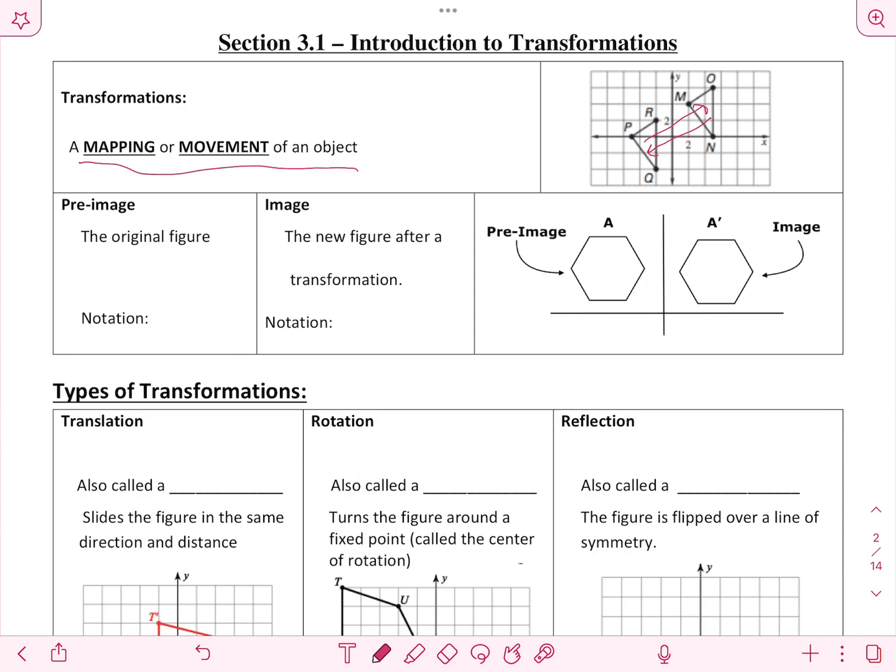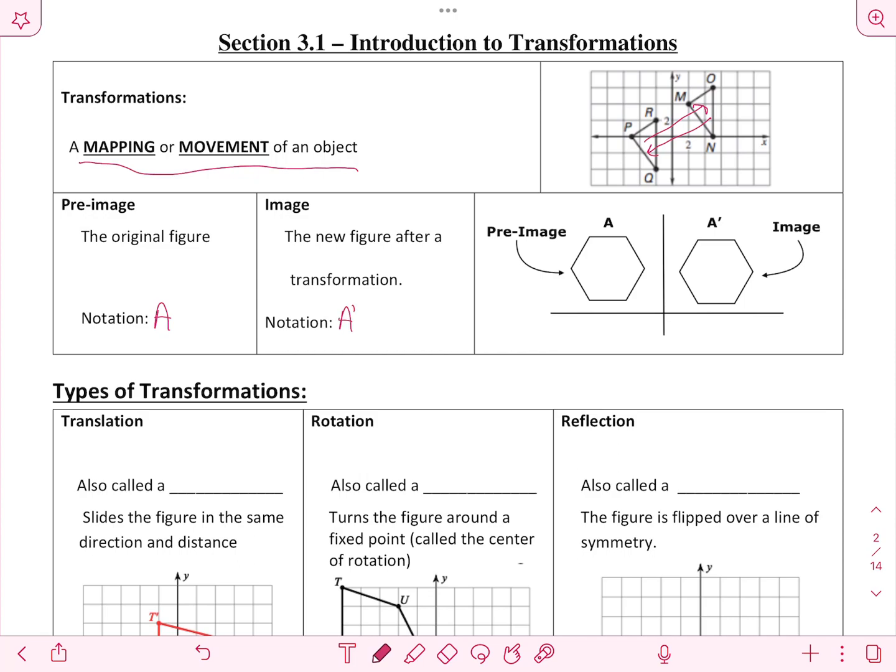All right, so we always have our pre-image and our image. Our pre-image is the original figure, and it has specific notation, capital letters, kind of like we did with points back in Unit 1, just a capital letter. The image is what happens after we make the transformation, and it has its own notation.